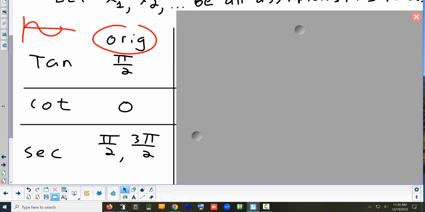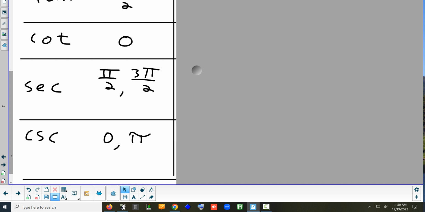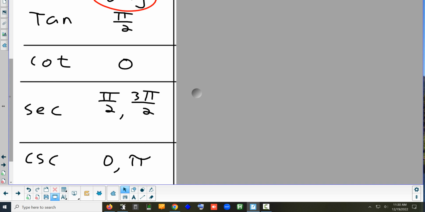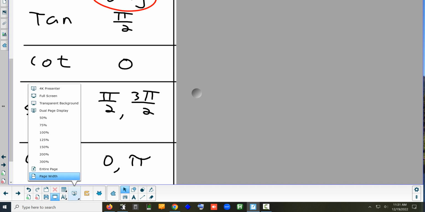What are the first two x values where sine crosses the x-axis? 0 and pi. So you can figure all these out. It's just easier if you have a chart and you don't have to think about it as much every time. But those are all the original asymptotes for each trig function.